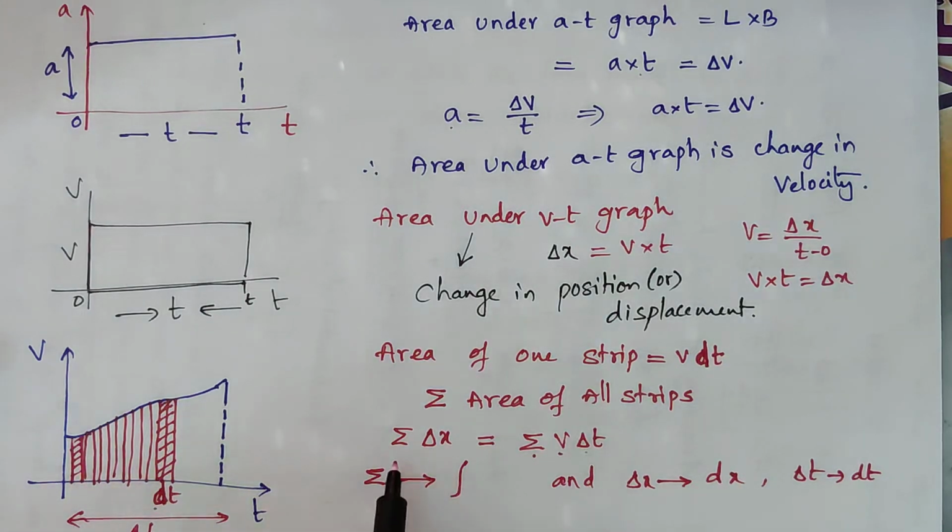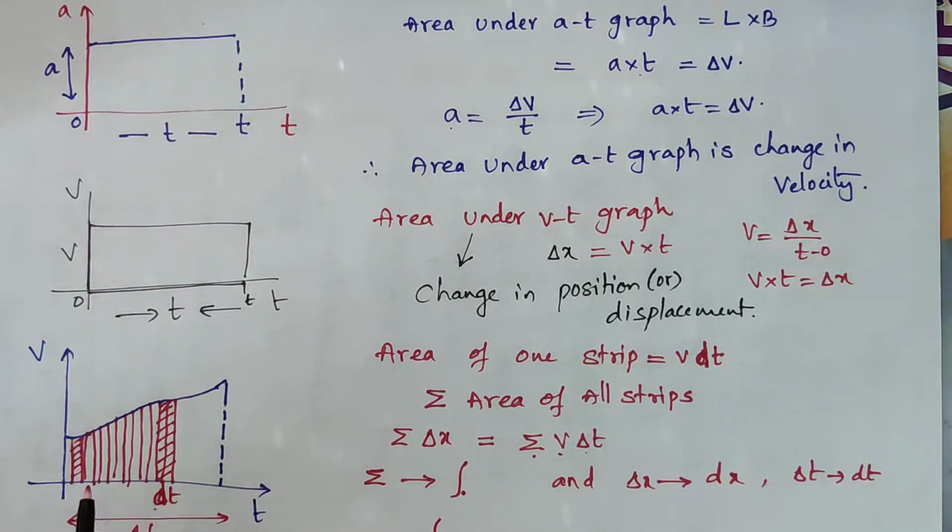Okay, so I am applying the same on both sides of this equation. Summation is replaced with integral when strip area is further divided into small strips. That is, if strip width is very small, in that case summation will become integration.